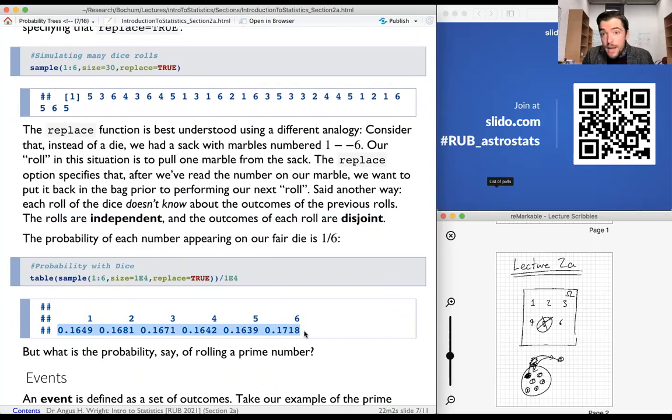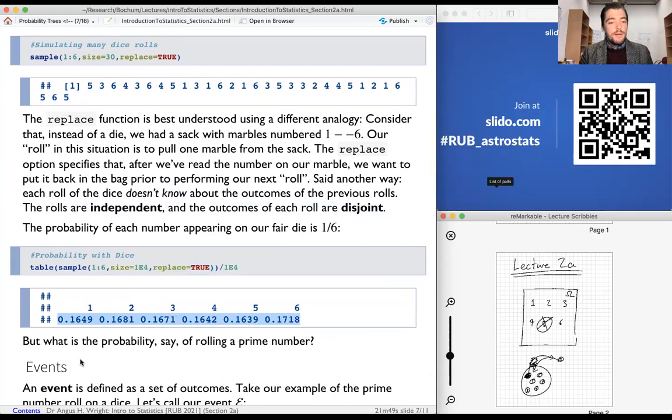Which makes sense, right? Hopefully we haven't said anything controversial there. If the dice is fair, you should see each number equally likely over a very large number of draws. That's for each individual outcome.